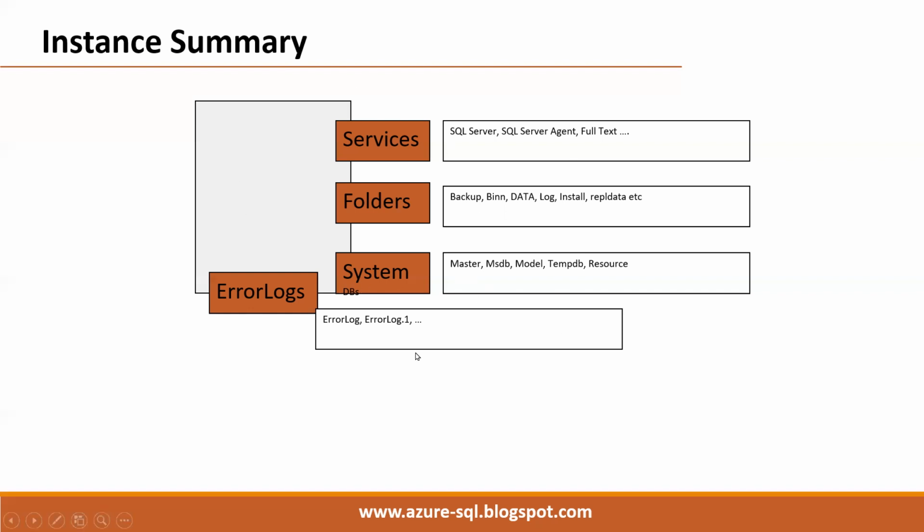These are the five main properties of every instance which we have to understand. Clear? Any doubts? Please type if any doubts are there.